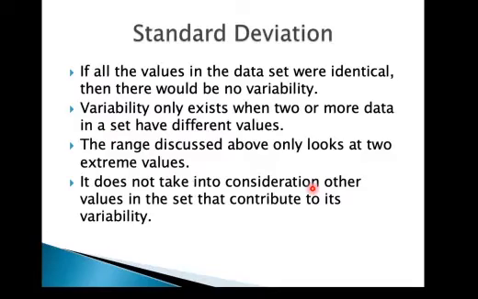Variability only exists when two or more data in a set of values have different values. 10, 10, 10, 10, 10, 10, 10, 10, 10, 10. There is no variability. And so, the standard deviation is 0.